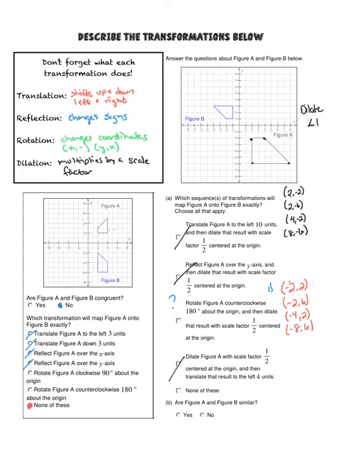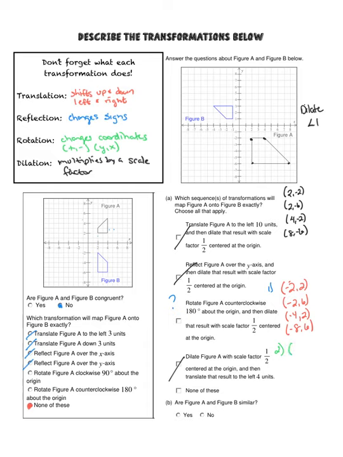When I rotate, I just switch the signs. That's all. Now, I'm going to have to multiply everything by a scale factor of 1/2. Again, I don't even know if this is going to work, but I need to do the math. So step 2, multiply all by 1/2.